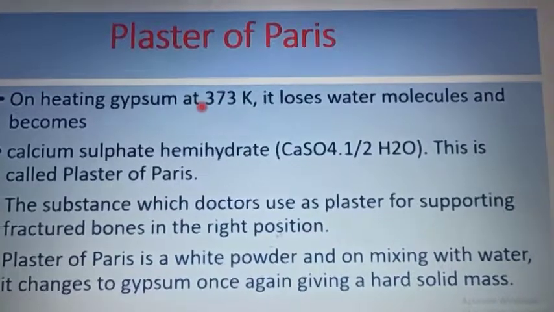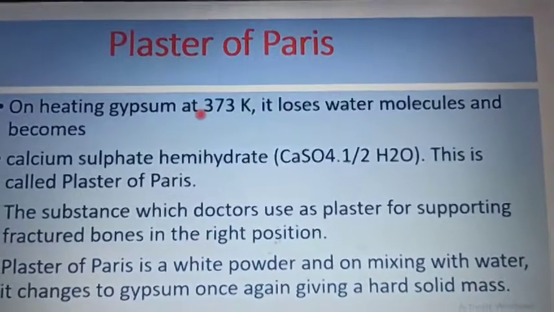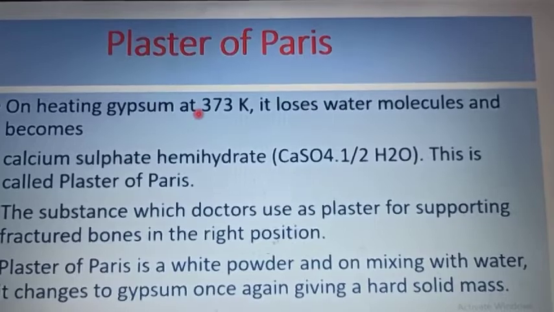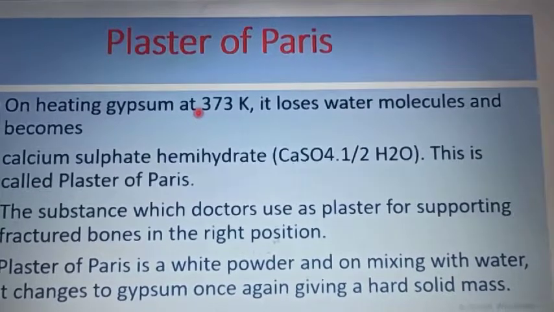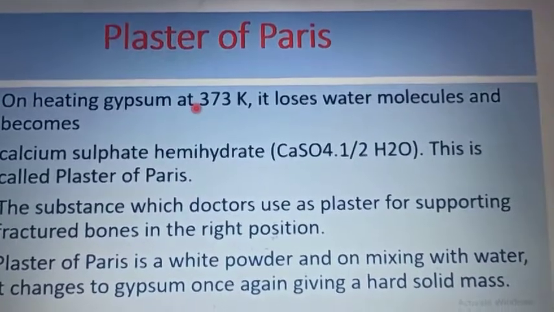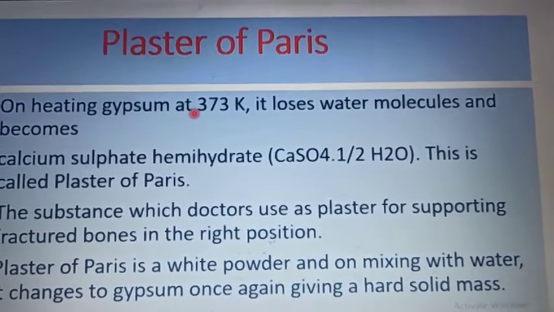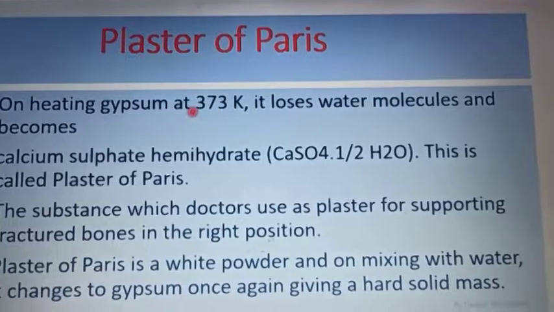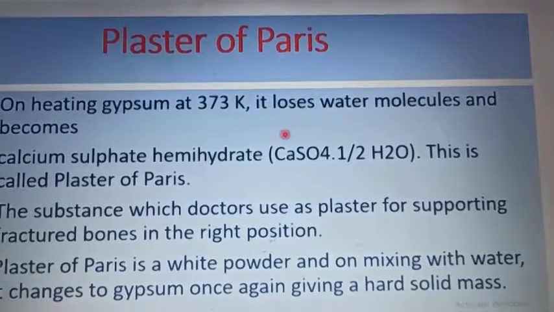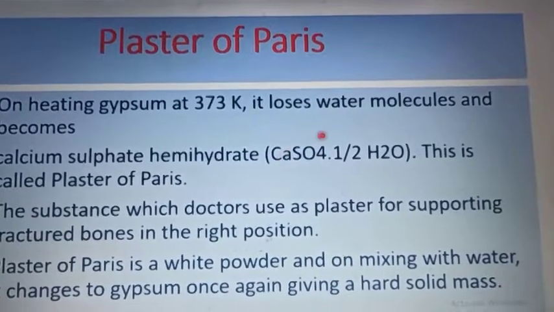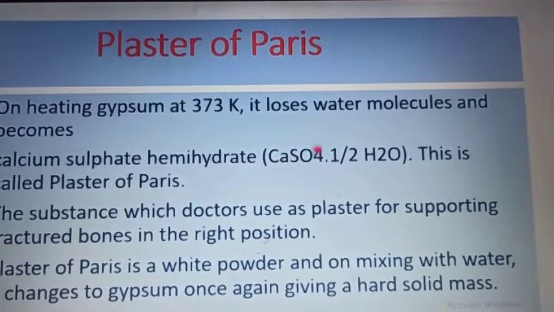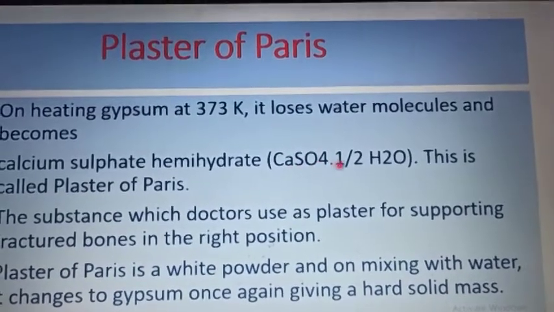This is a reversible reaction. When gypsum is heated, we get calcium sulfate hemihydrate, that is plaster of Paris. And when plaster of Paris is mixed with 1.5 molecules of water, we get gypsum, right? And you can say that 2 molecules of calcium sulfate share 1 molecule of water.